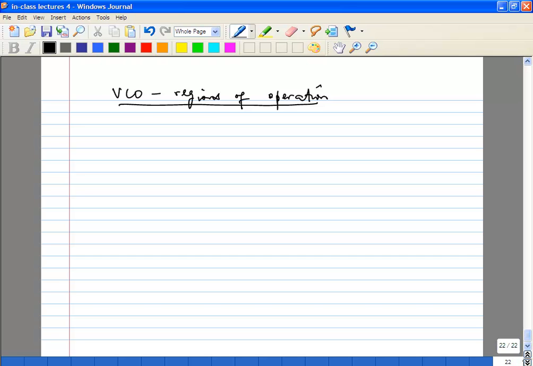So we want to find a good way to determine what that inductor should be and what the bias current should be. Let's plot Vout, which is the oscillation amplitude, versus IT. It looks something like this.